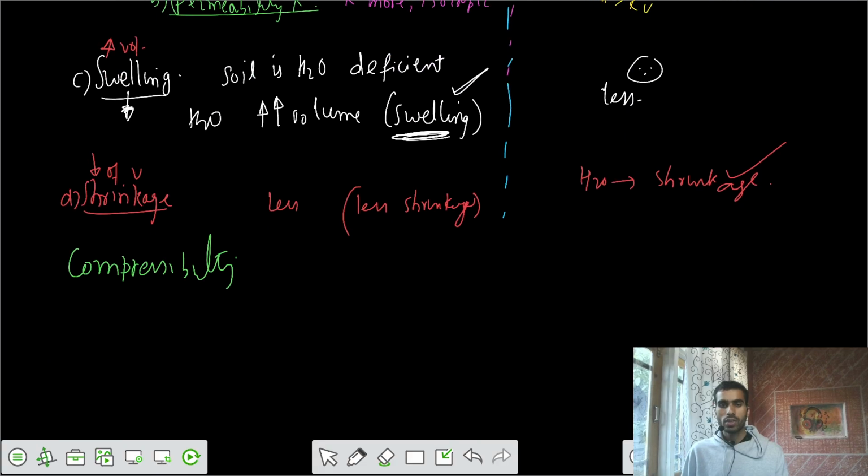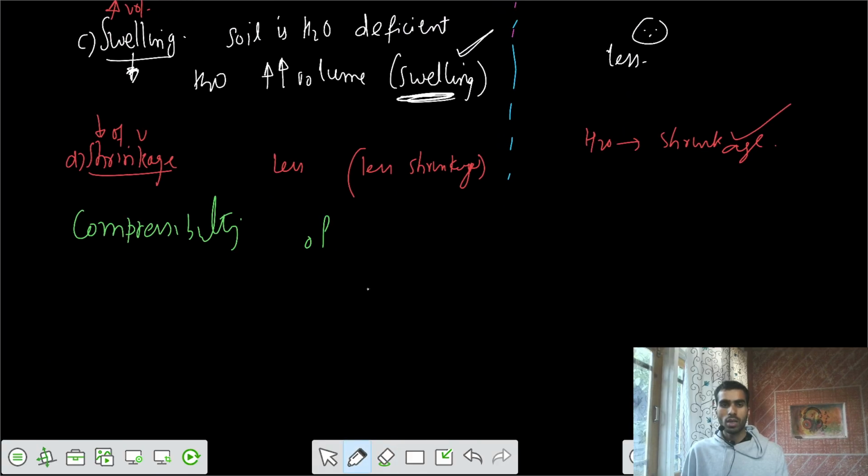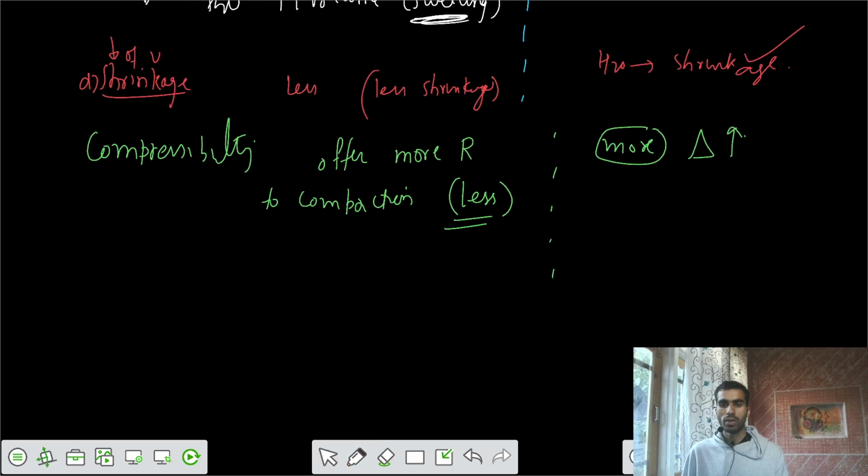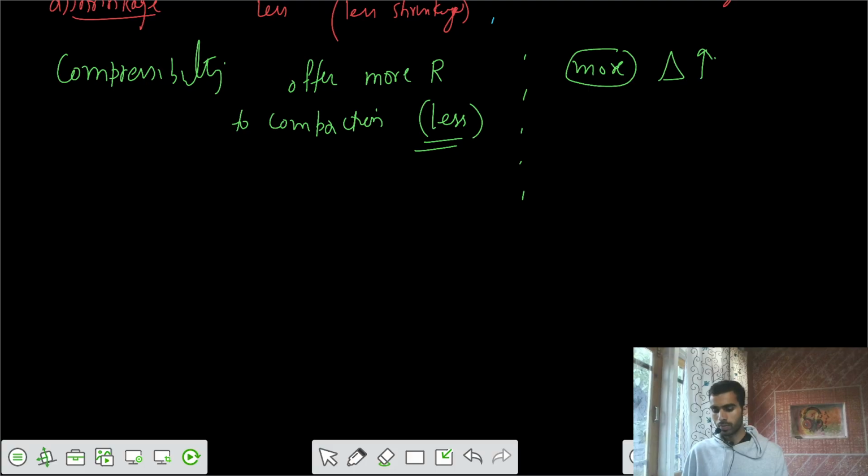So compressibility would be less from this side, but compressibility would be more for the other side. So I can write settlements are more, compressibility is more.